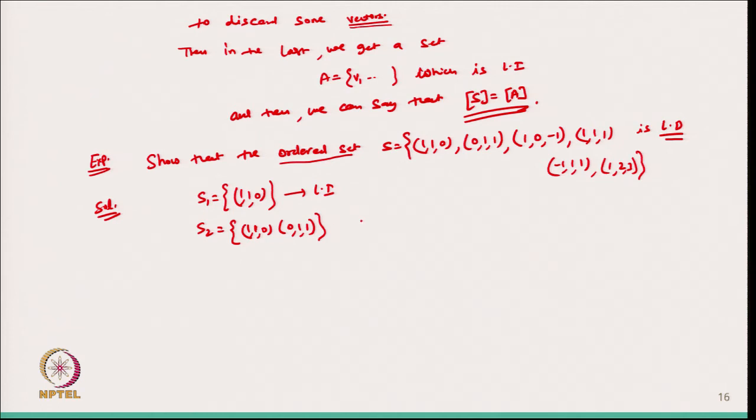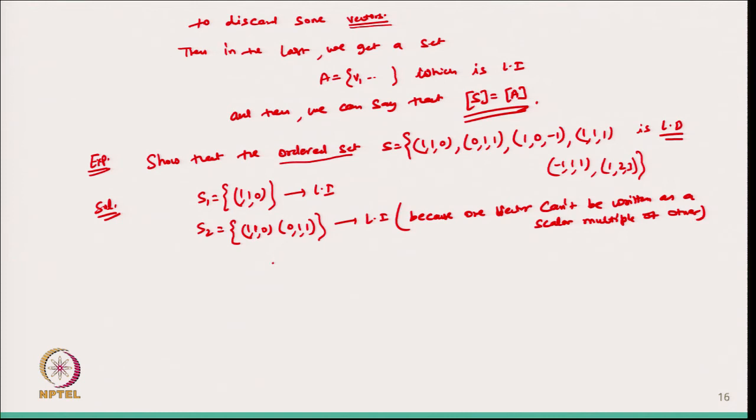So from here we can say that this vector and this vector both are linearly independent, because one vector cannot be written as a scalar multiple of the other.